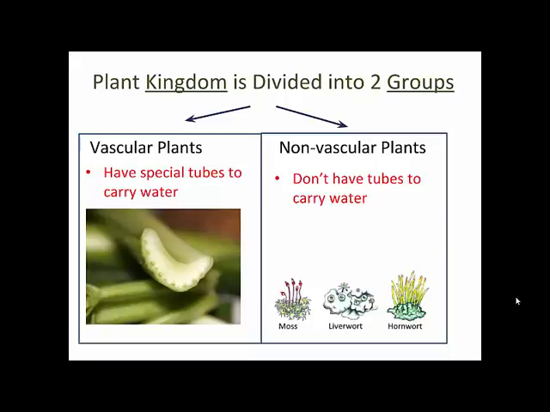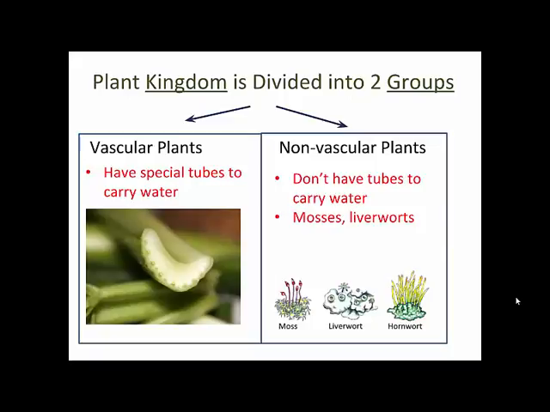Whereas something like a Pinus strobus out there, or this geranium plant, where does it get its water? From the roots in the soil, but it then has these vessels to carry that water up to these leaves. Whereas the moss would have no way of getting the water to that level. So vascular plants can be larger and taller than non-vascular plants.